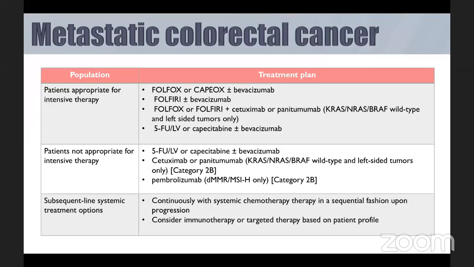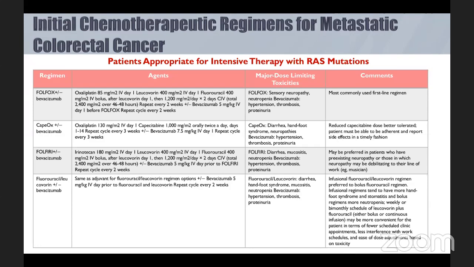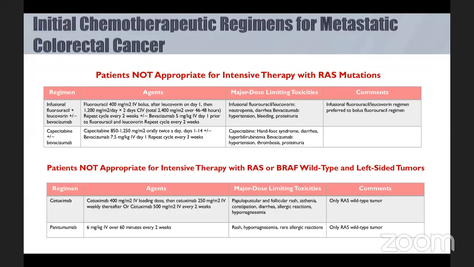For subsequent lines of therapy, whatever they failed in the first line, you can substitute with a second-line option. Here in detail, I put it for you. You can go back and read it, and if you have any question, I can answer you.